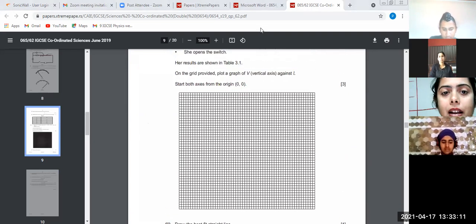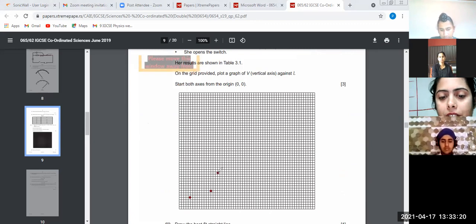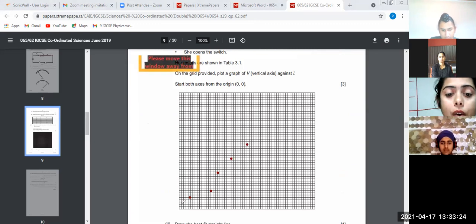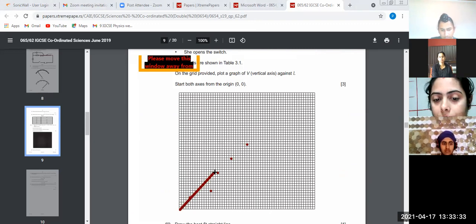बेस्ट फिट में लेट्स से यू हैव 1 पॉइंट ओवर हियर, सेकंड पॉइंट समवेयर हियर, थर्ड पॉइंट हियर, फोर्थ पॉइंट हियर, फिफ्थ पॉइंट हियर. So you have to draw one straight line which will cover maximum of the points. Like I can have it this way.